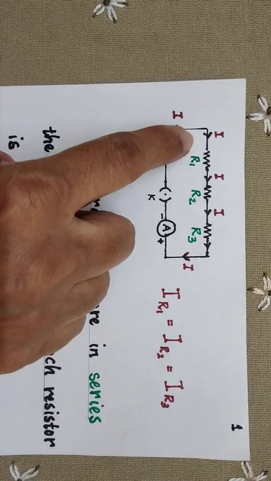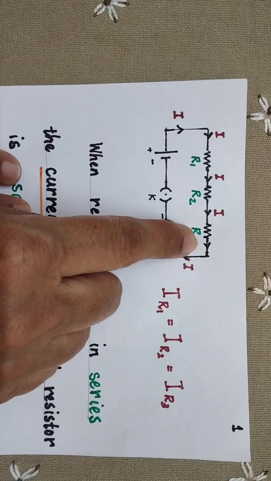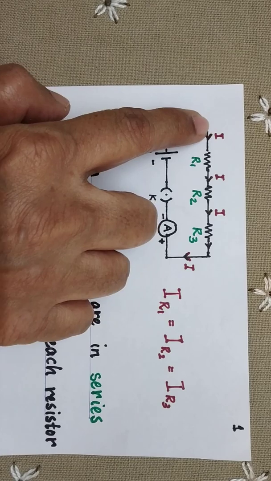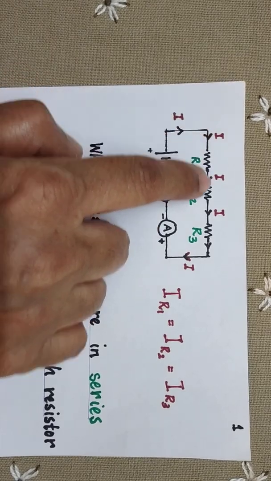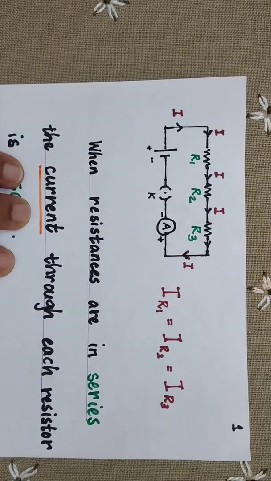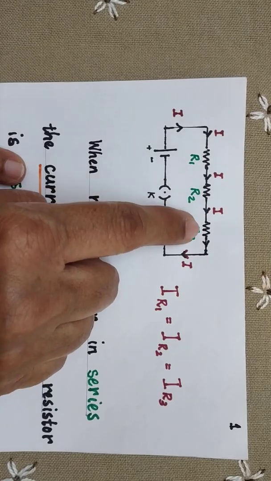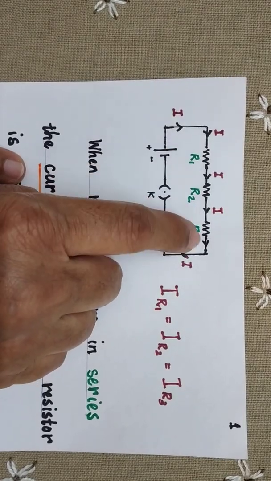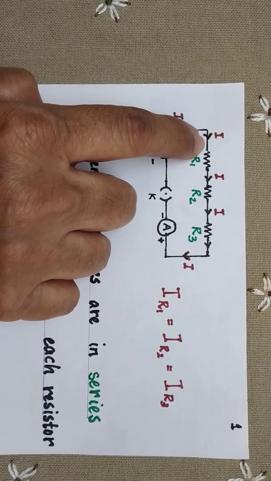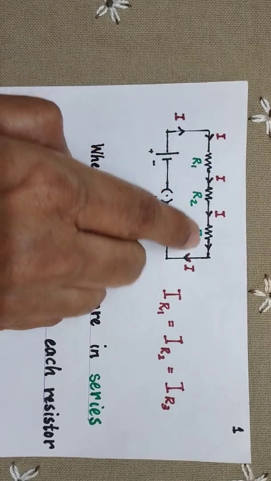So first one, when you have resistances in series, the current coming out from the cell flows out through each resistance and then it comes back. You find that current through each resistance will be same, because when it reaches here, it finds only a single path to flow.